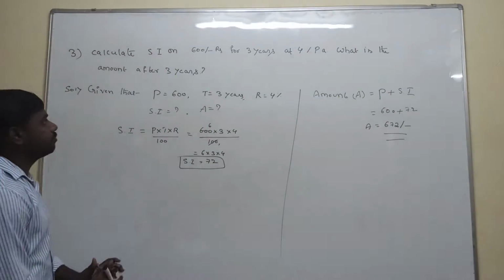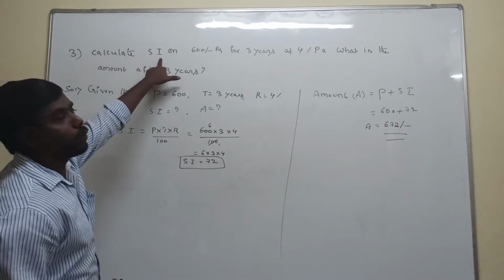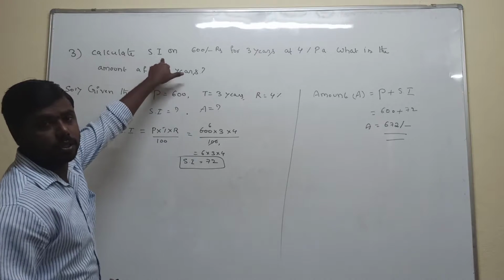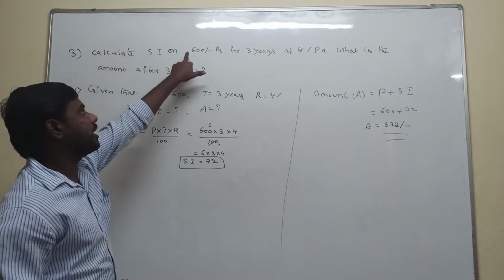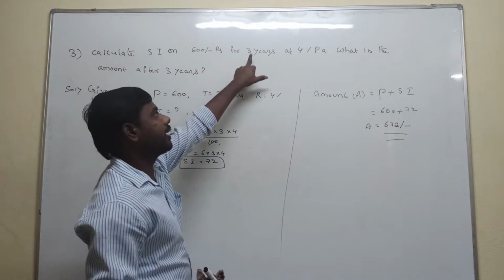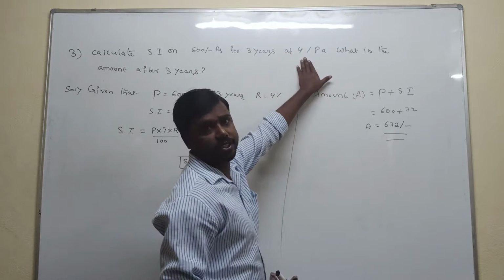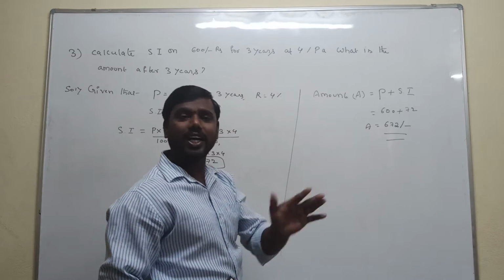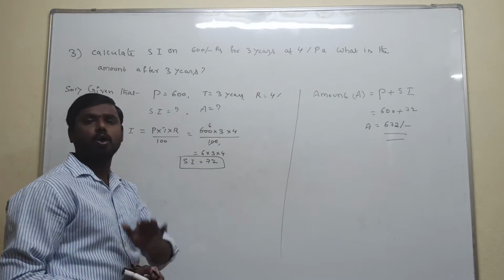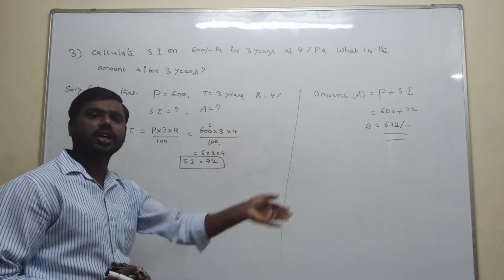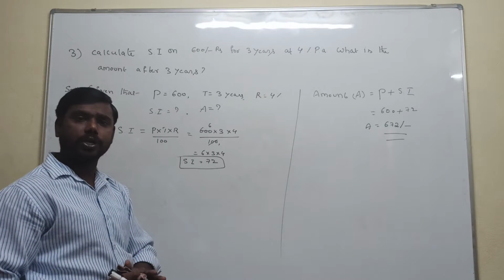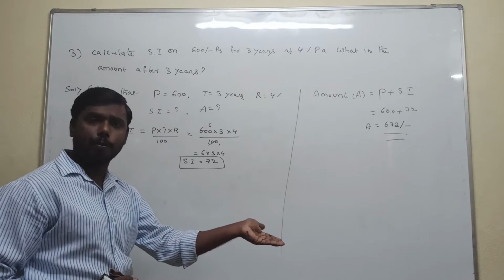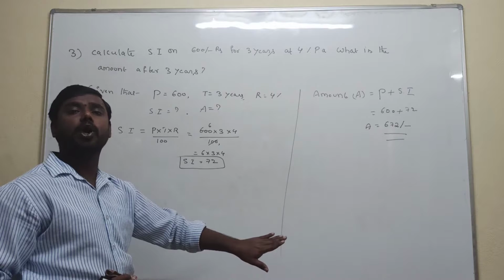Listen once again. First we need to calculate simple interest. To calculate simple interest, the principal amount, time and rate of interest are given. After that, what is the total amount after 3 years? Total amount means the amount we are giving plus simple interest.